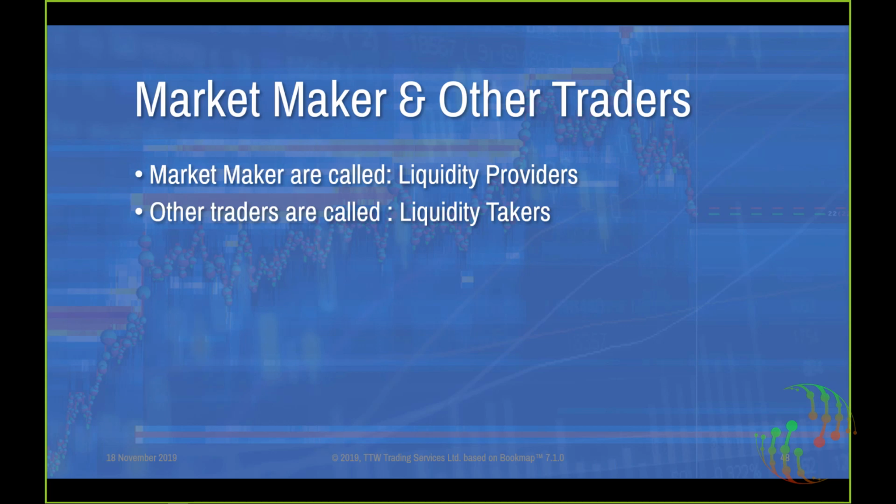Traditionally, these categories are named to reflect their members' contribution to the flow of liquidity. Market makers are called liquidity providers, and other traders, aggressors, are called liquidity takers.